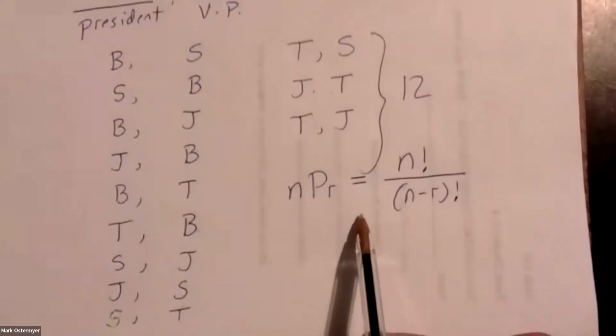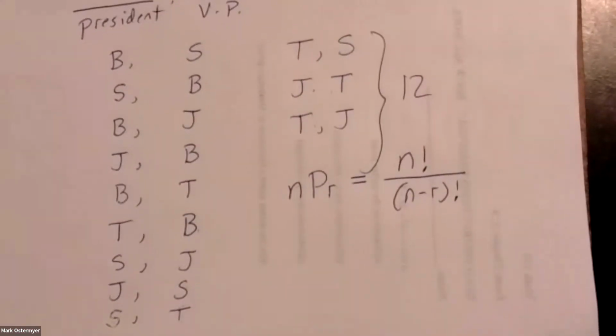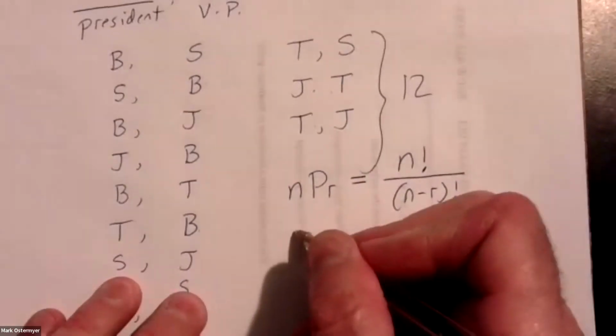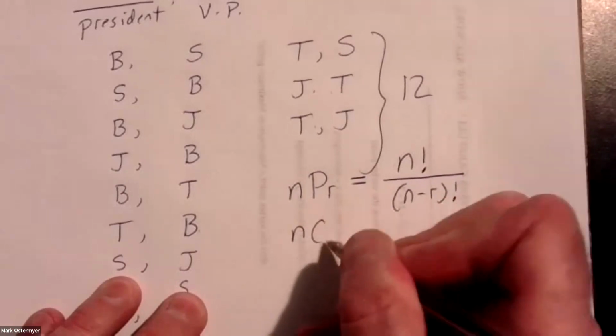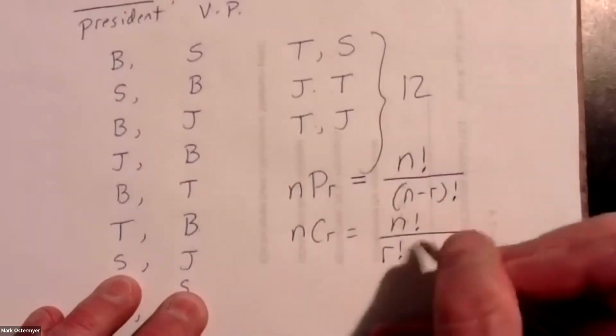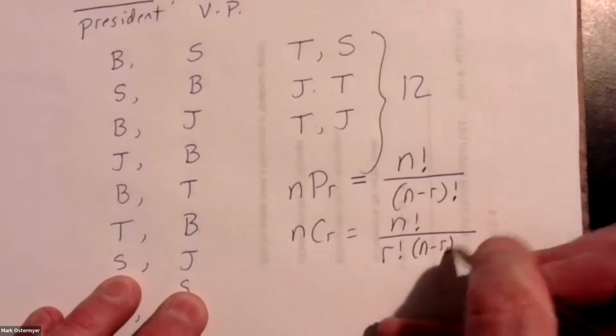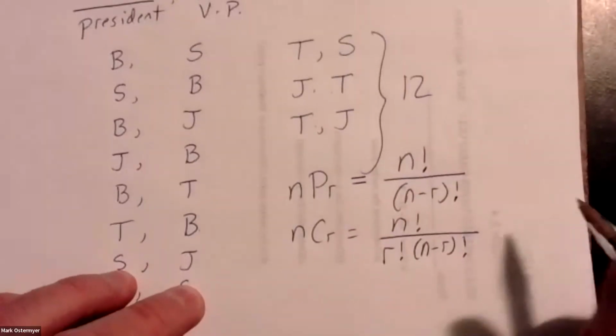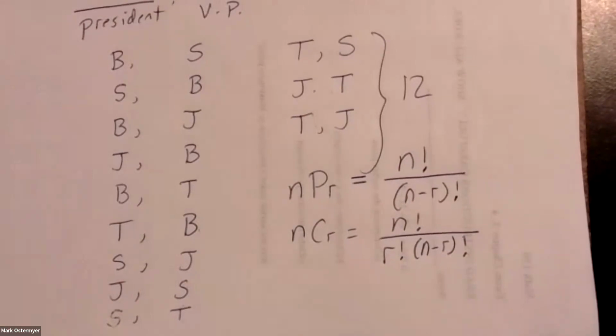How is this formula different from the formula for a combination? Does anybody want to weigh in on what the difference is? Remember, this was the formula for the combination here. There's one subtle but very important difference. What is it between these two formulas? What is the difference?